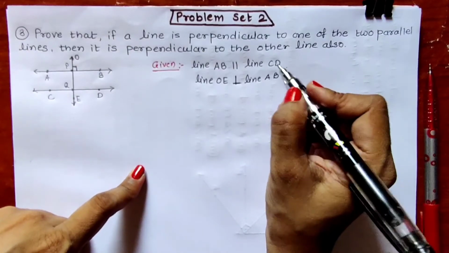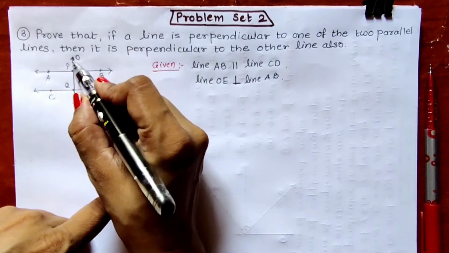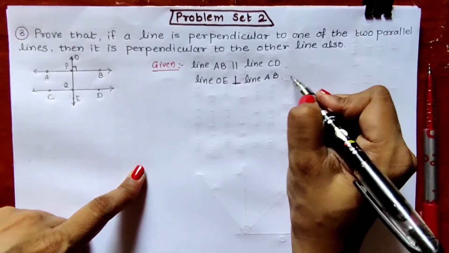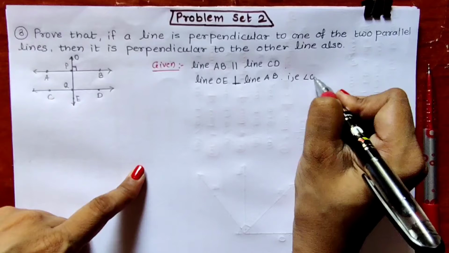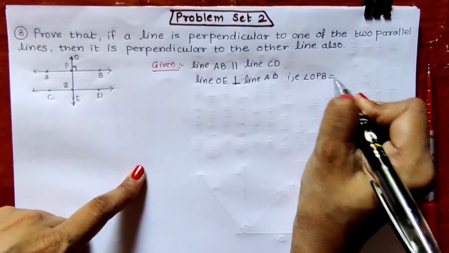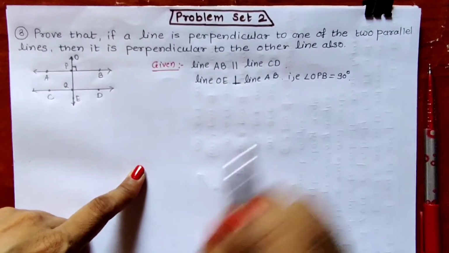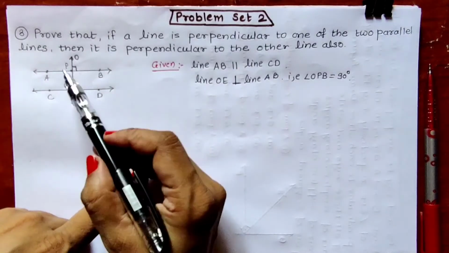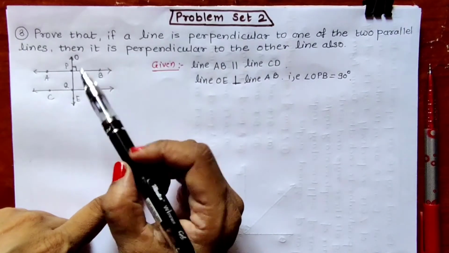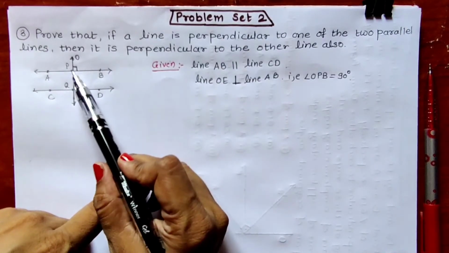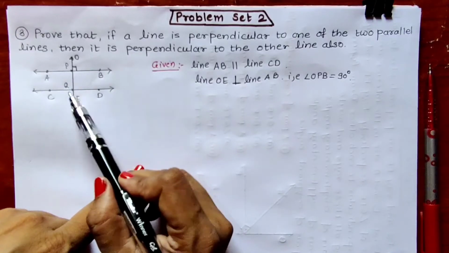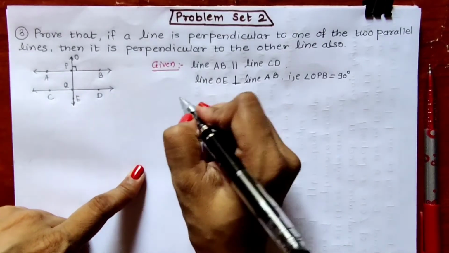Okay. That means what? Here we are getting angle OPB is 90 degree. That is angle OPB is equal to 90 degree we are getting here. This line OE intersects line AB at point P and line CD at point Q. That also we will be writing.